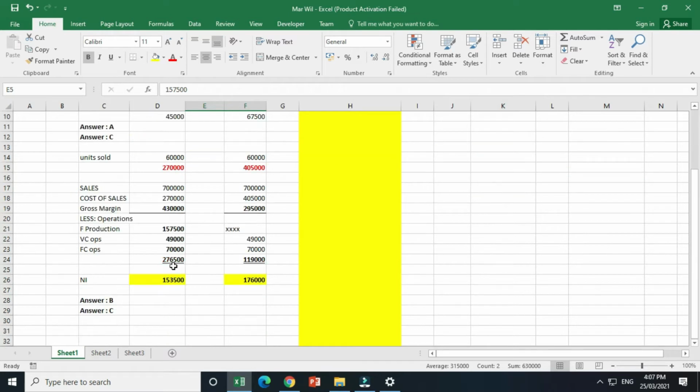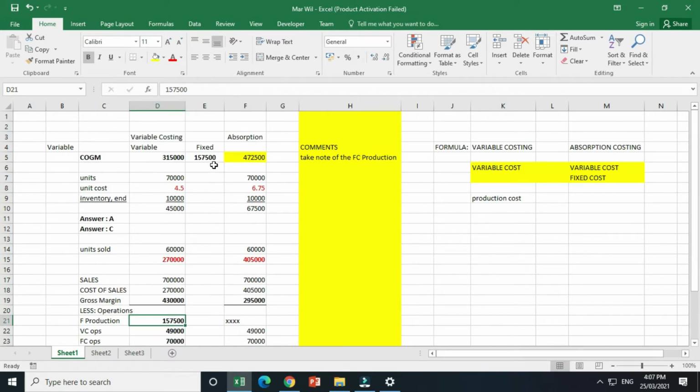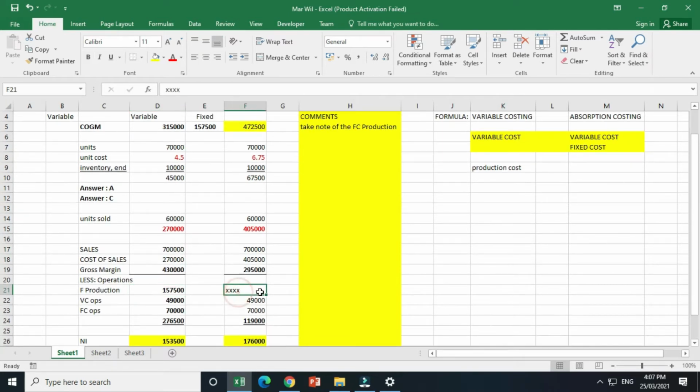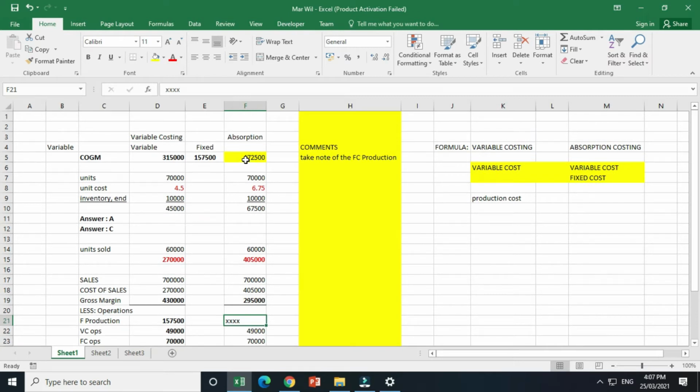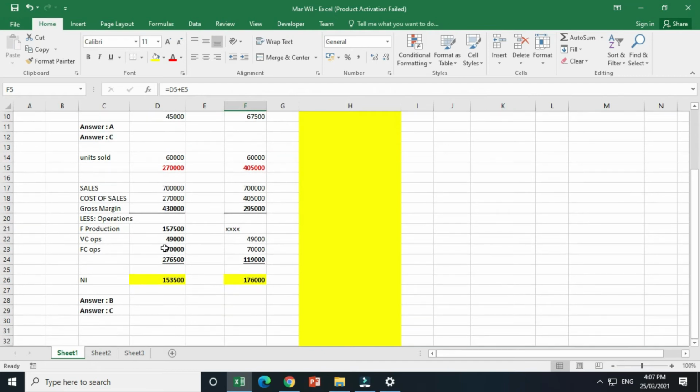As we take note, it is missing in here under the absorption cost because it's already absorbed in the products. So the total of this in the variable cost is 276,500, so we get 153,500 after deducting this amount, 276,500, from the 430,000 gross margin. So the answer is B.